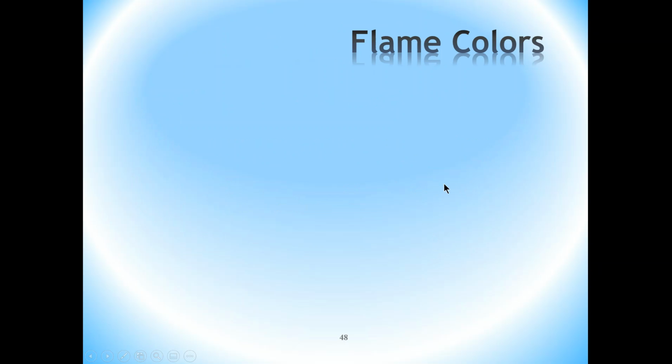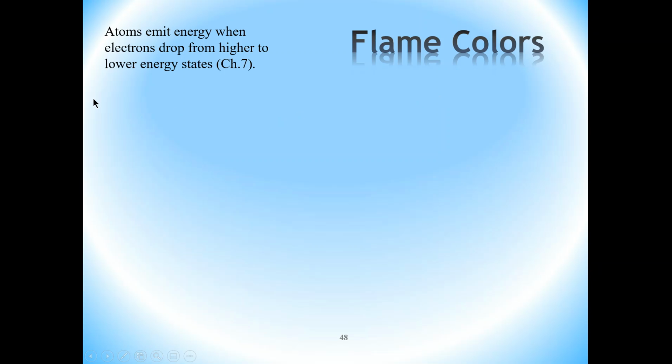All right. I want to talk about flame colors with respect to metals. Metals, as we stated before, have lower ionization energies. And whenever you have a particular substance, and this is true for metals, when they are exposed to a certain amount of energy, which promotes electrons from a lower energy level to a higher energy level, immediately those electrons will fall to the lower energy level and will emit radiation of different colors.